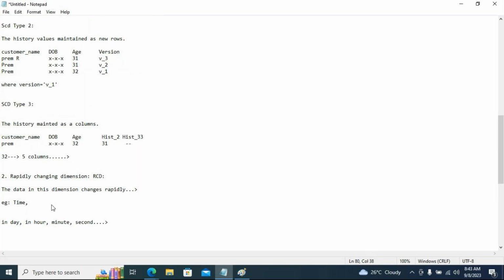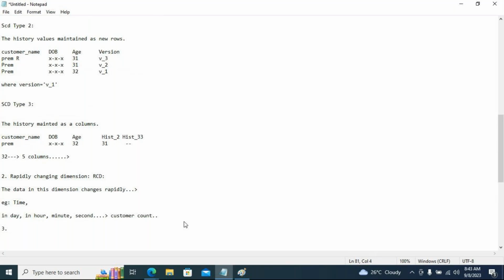If you want to extract that information, you must have a timetable for that. Then only you are authorized to extract this information. Got it? So those types of tables, those types of columns, the data in these dimension tables changes very rapidly. They are never constant. Okay, so that is a rapidly changing dimension.